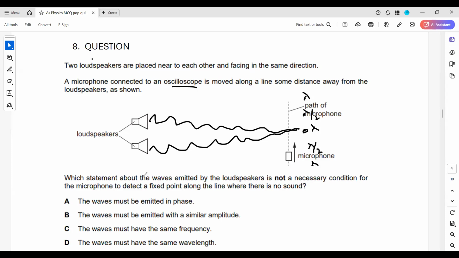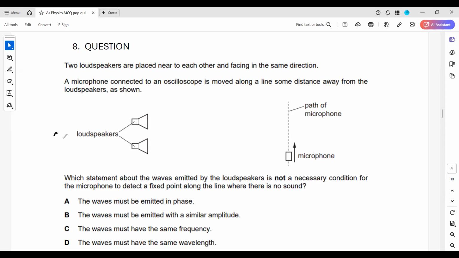So which statement about the waves emitted from a loudspeaker is not a necessary condition for a microphone to detect fixed points where there's no sound? Whenever we want to observe interference, it's not about the waves being in phase, it's about the waves being coherent. There's a big difference between coherent and in phase.